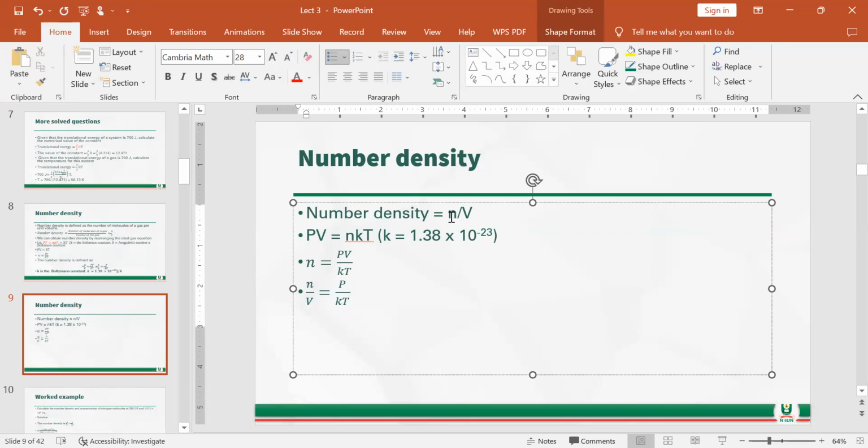This is the expression for number density. You understand up to that point? Yes, sir. Okay, that is correct. Then we now come to another term that we define: concentration.